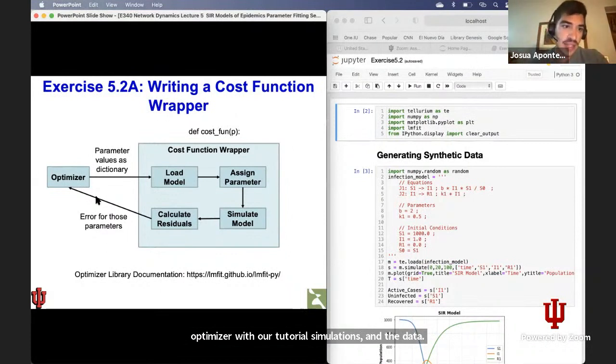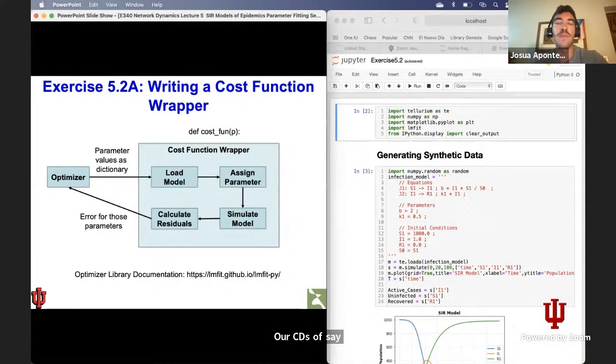And the idea again is that what you expect to get from the optimizers are series of sets of parameter values.